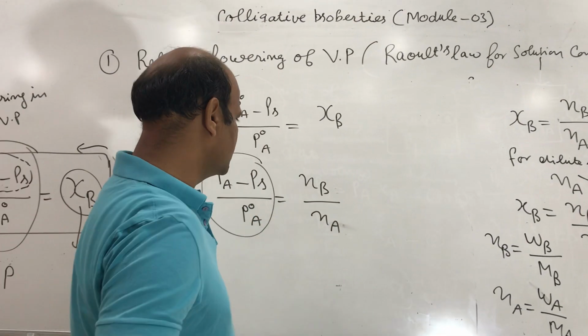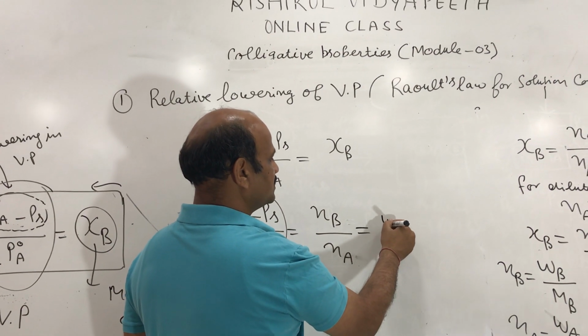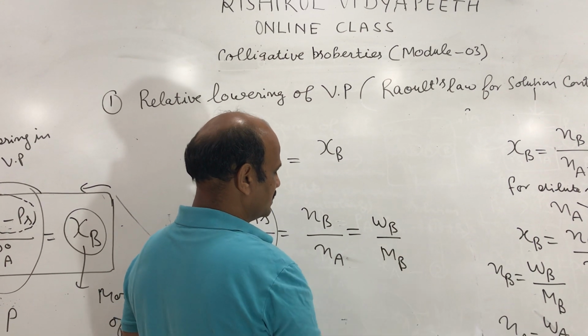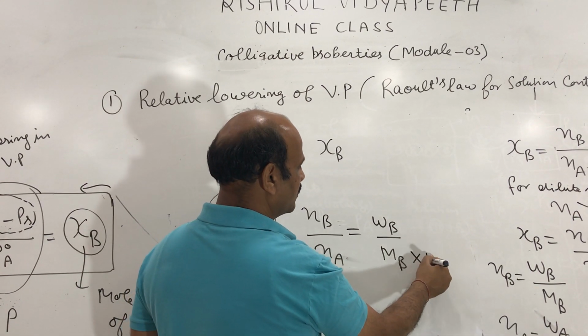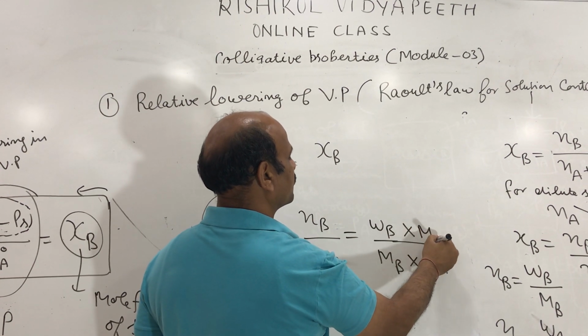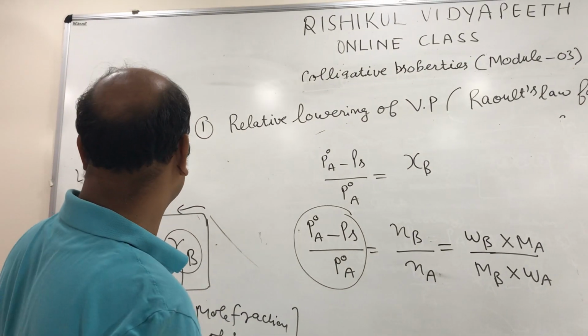Putting the value of NB, that is WB/MB, NA, that is WA/MA, this is the formula that comes out.